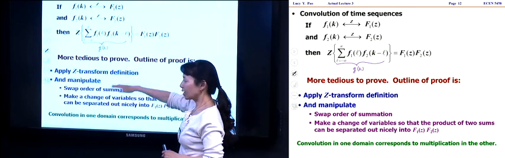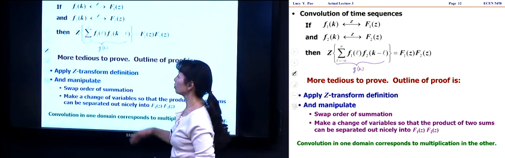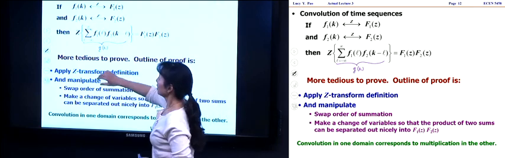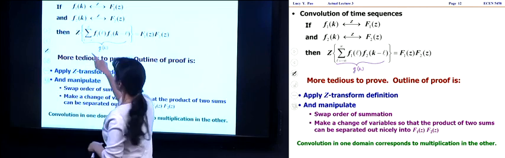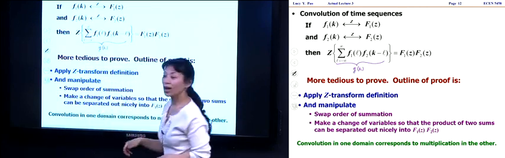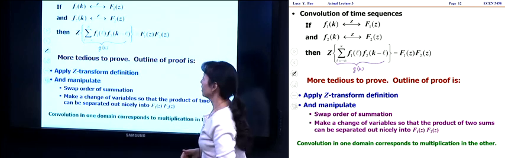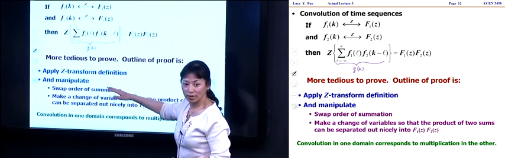Again, it's the same way of proving it. You would apply the Z transform definition, so you take the sum over k from minus infinity to infinity of this times z to the minus k. Then you manipulate. Now it's a little more tedious.